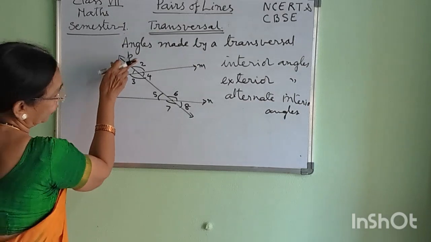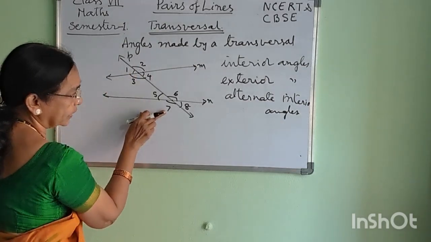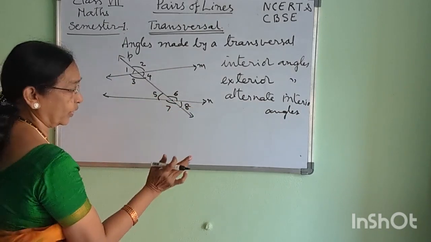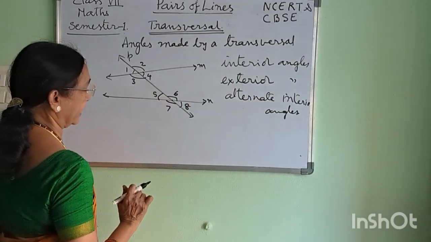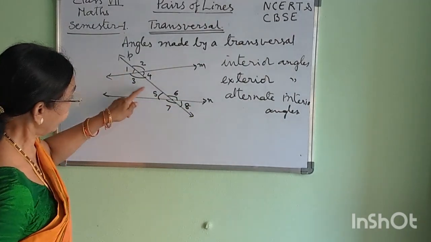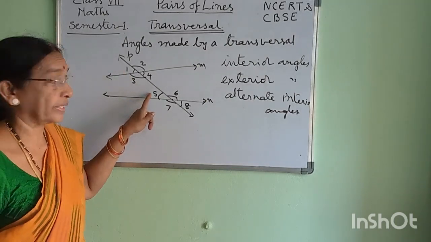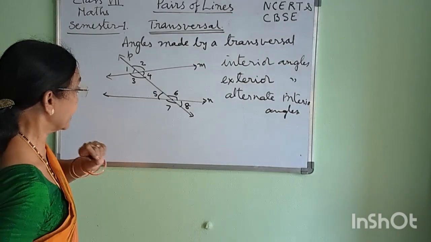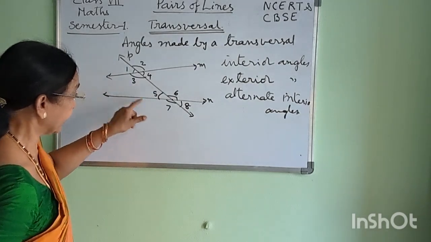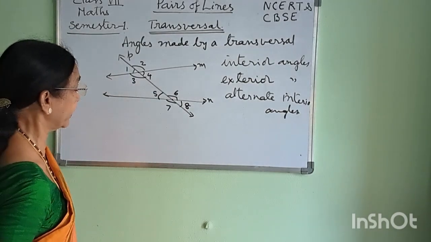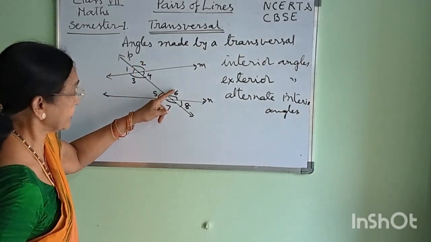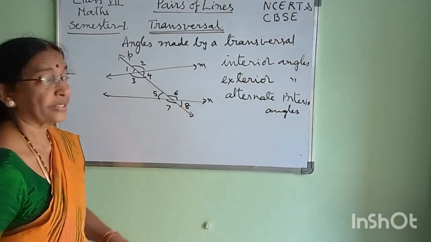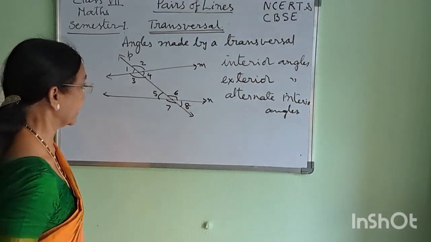Similarly, 2 and 7 are called alternate exterior angles, and 1 and 8 are also called alternate exterior angles. And 1 and 5 are called corresponding angles. 1 and 5 is a set of corresponding angles, and 3 and 7 are a set of corresponding angles, and 2 and 6 are a set of corresponding angles, and 4 and 8 are a set of corresponding angles.